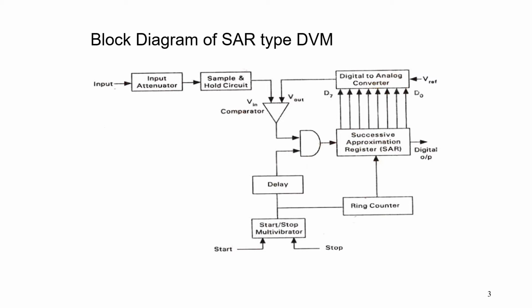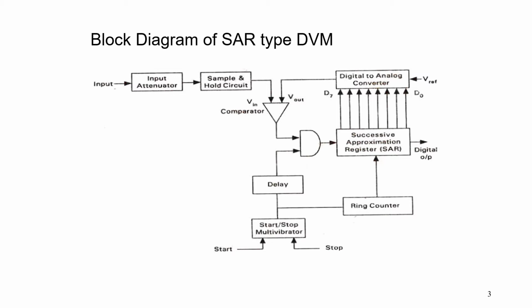Digital voltmeters are essentially analog to digital converters with digital displays to indicate the measured voltage. Digital multimeters are electronic volt-ohm milliammeters with digital displays.